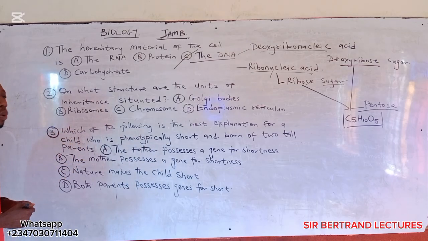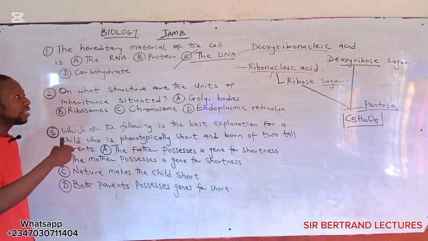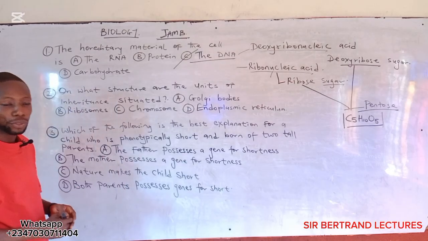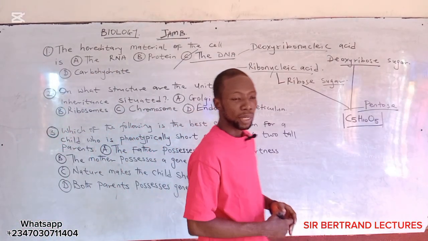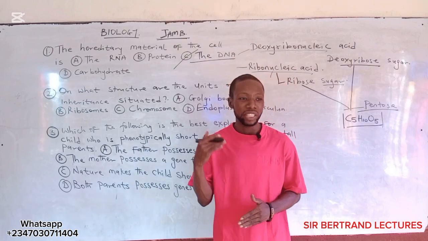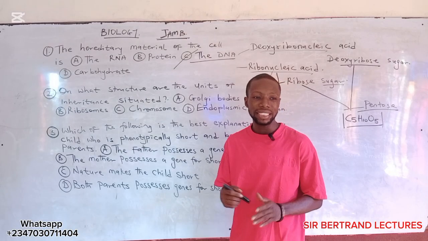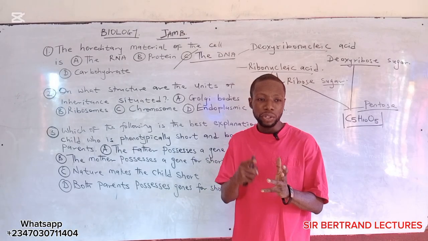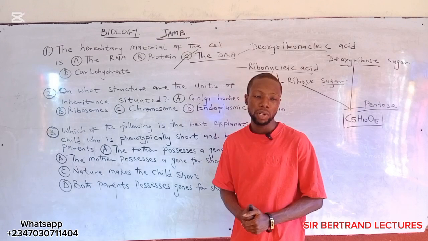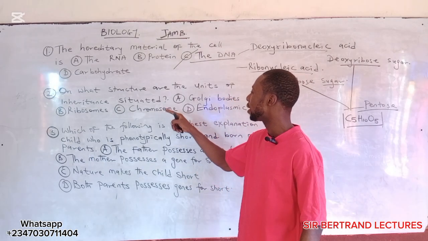I told you that the inheritance here, which is the family traits or characteristics, are located in the nucleus of the cell. Then I made mention of chromatin thread to be one of the components we have in the nucleus of the cell. And this chromatin condenses with the nucleolus and the nucleoplasm to form chromosome.